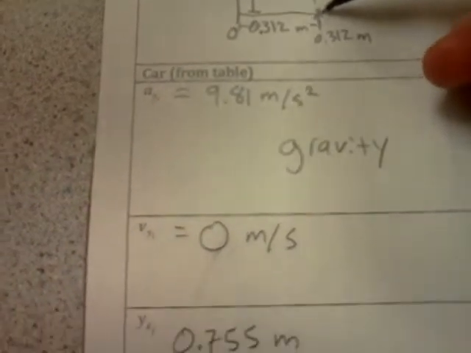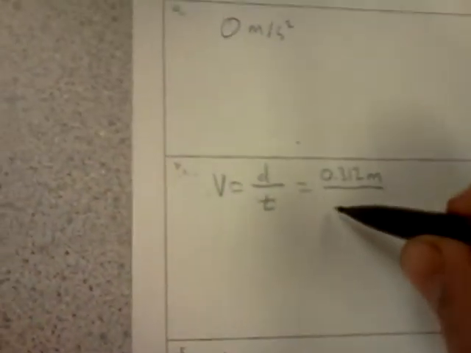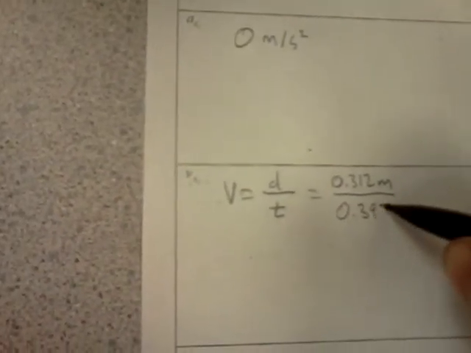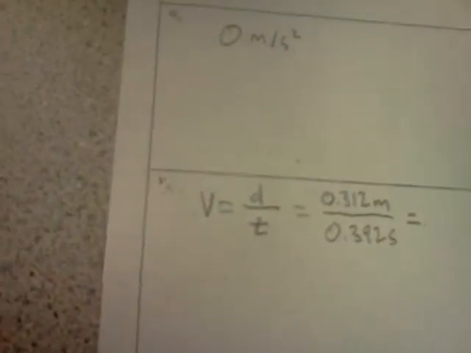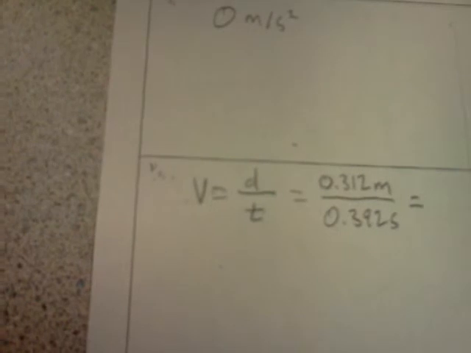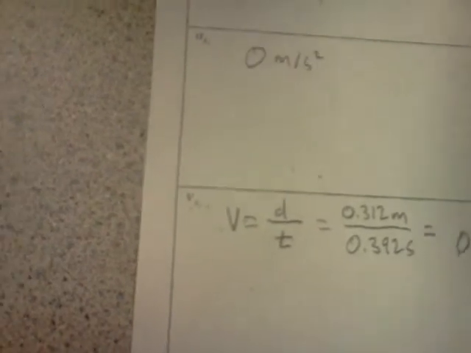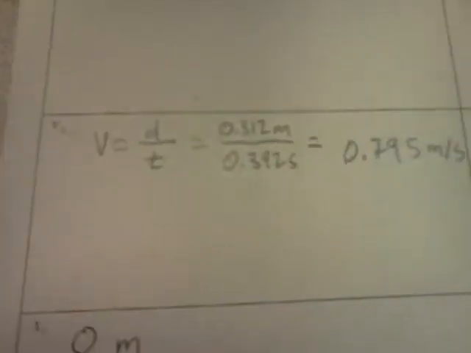It takes the same amount of time that it took for the car to hit the ground. So my velocity is now 0.795 meters per second, and that's my velocity in the X direction.